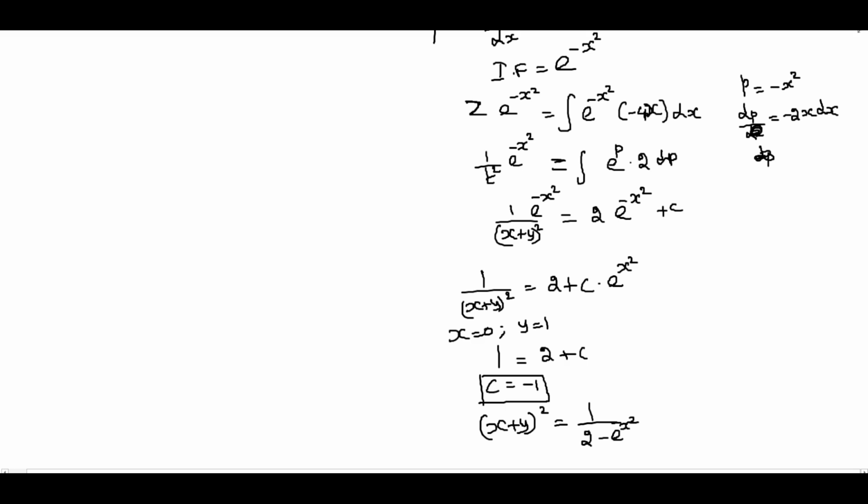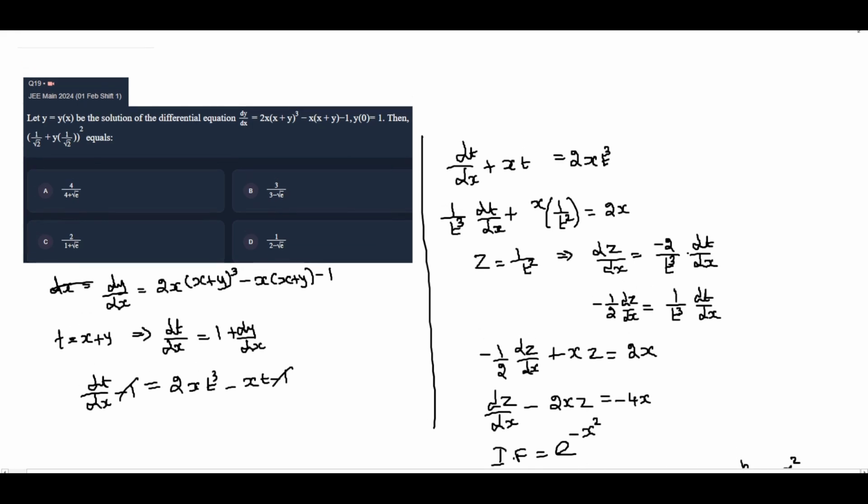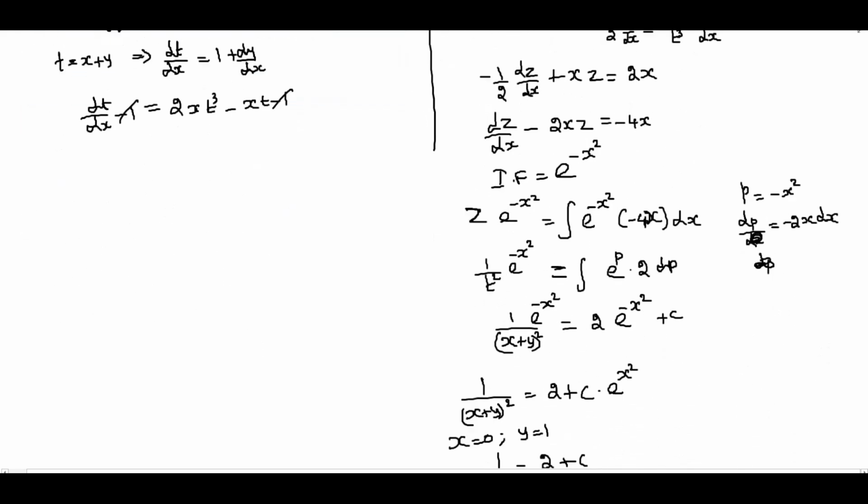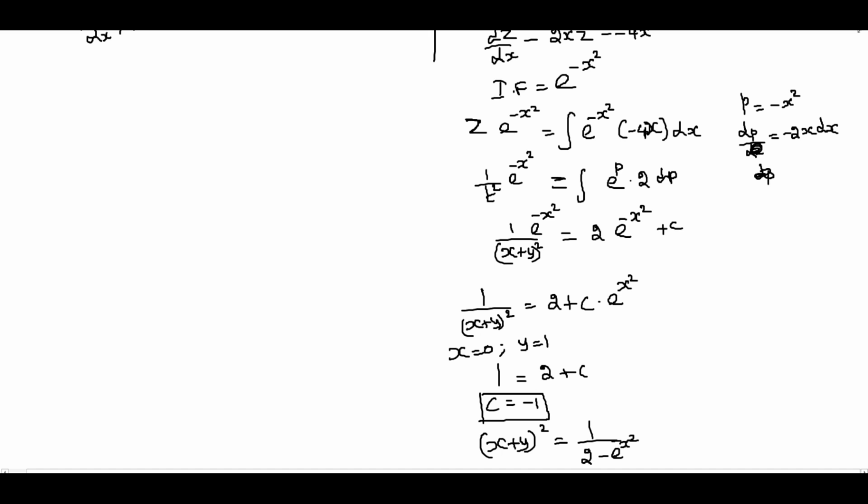So finally, we need the answer for 1 by root 2 into y of 1 by root 2 whole square. So take x equal to 1 by root 2.